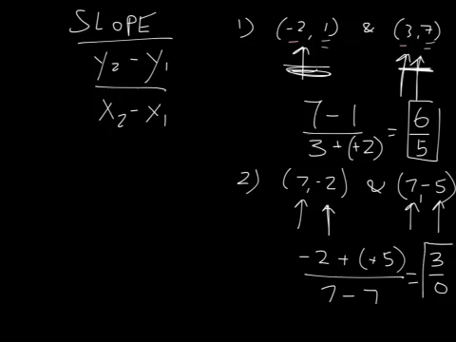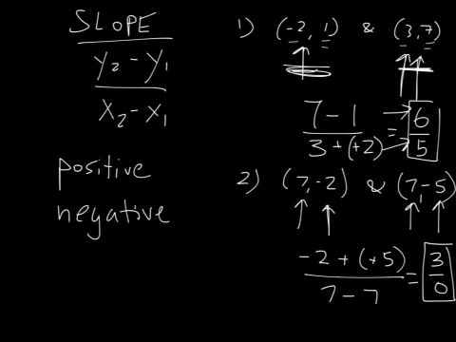Now this brings up an interesting point. Hopefully you're realizing you can never divide by 0. You're going to get an error on your calculator. Slopes come in one of multiple possible types here: a positive slope, like our answer to the first example, a negative slope, an undefined slope, and a slope of 0.